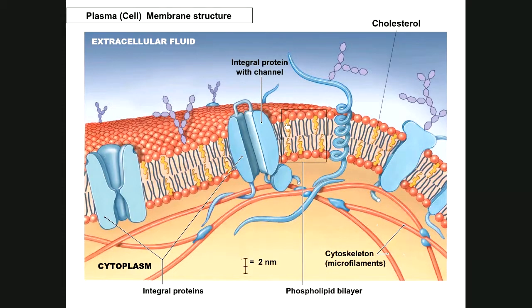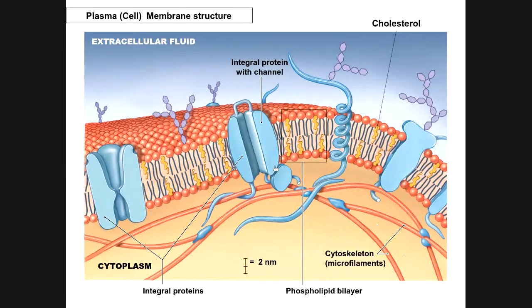Now, I'm not going to test you on this, but in advanced classes, instead of continuously referring to this as a phospholipid bilayer, they will start referring to this part of the phospholipid bilayer as the inner leaflet and this part as the outer leaflet. I'm only referring to it as the phospholipid bilayer, but you can see the cholesterol's in one layer or the other, and then the transmembrane proteins run the length.